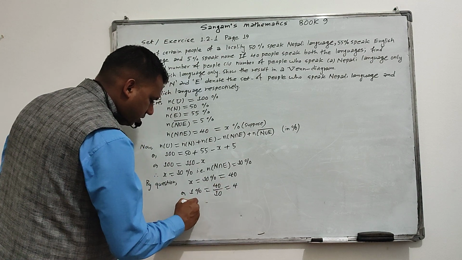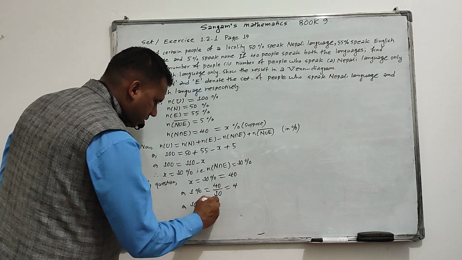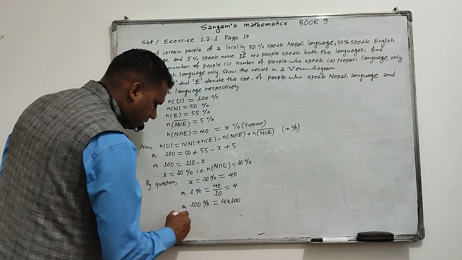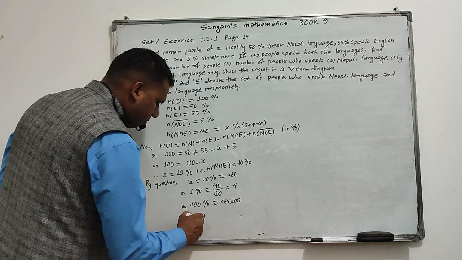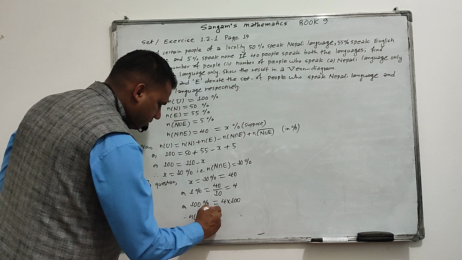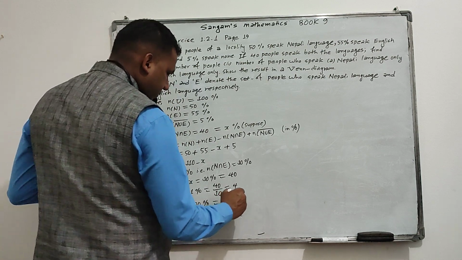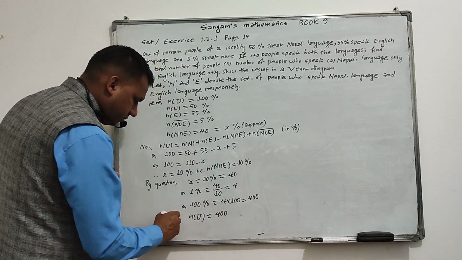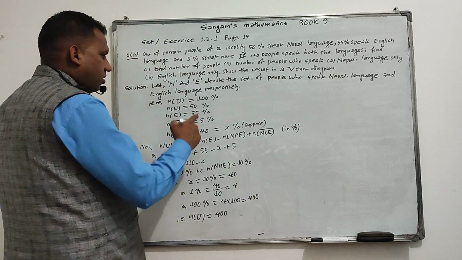Or 100% equals 4 times 100. Therefore, number of U, 100%, is 400. That is the number of U.